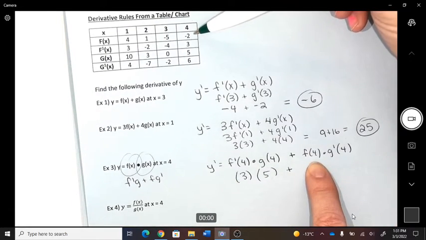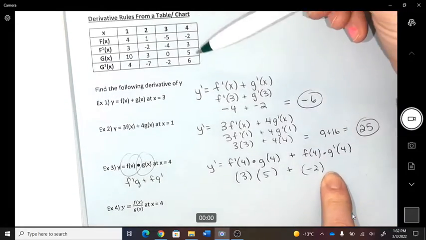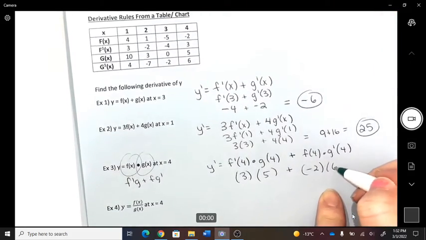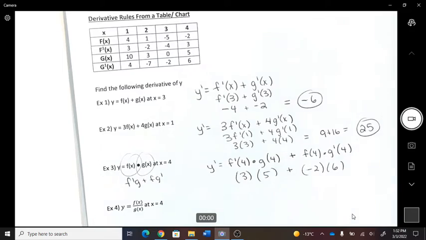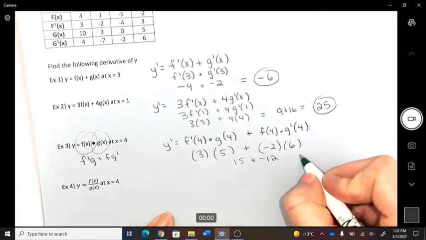Just the f is -2. And the g prime is 6. Okay, so that's how you puzzle them together. So 15 plus -12.